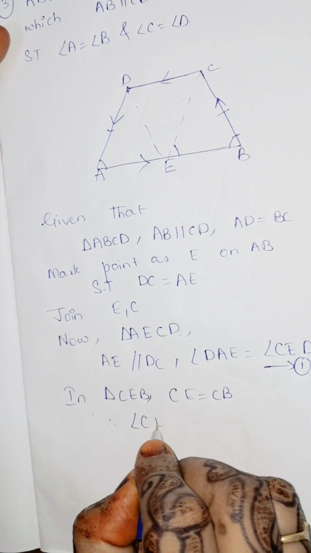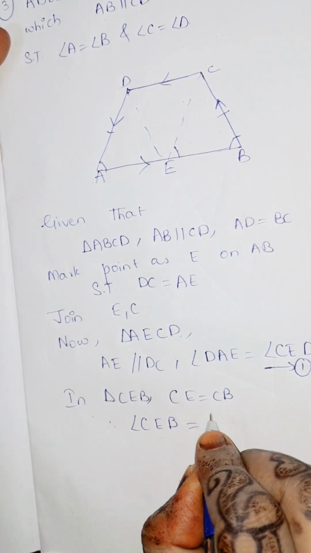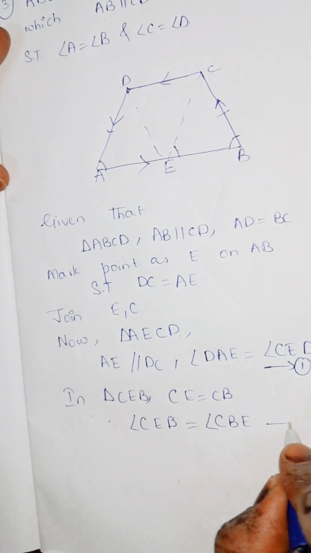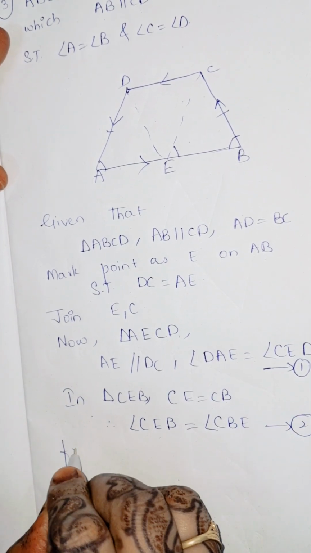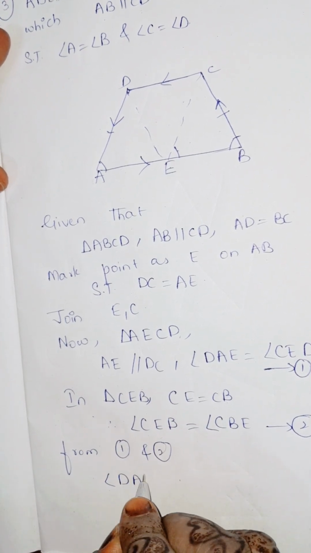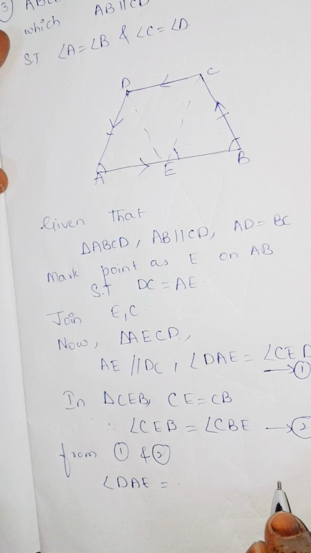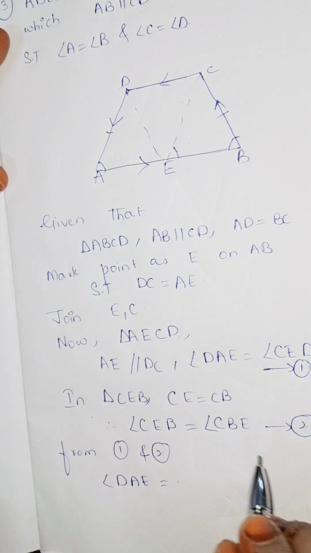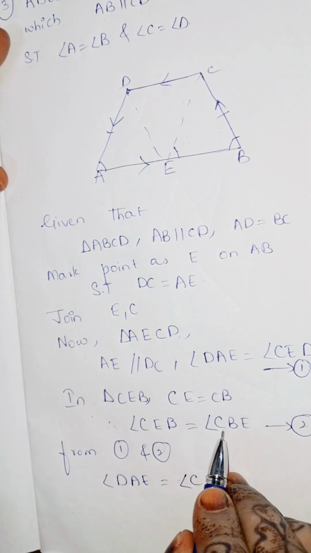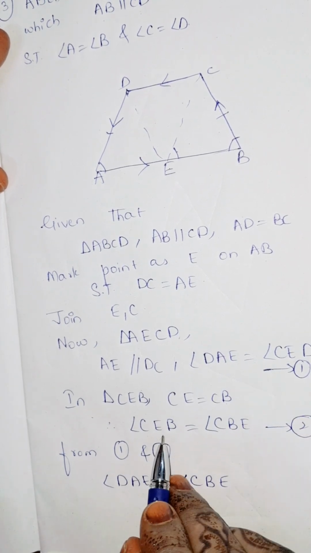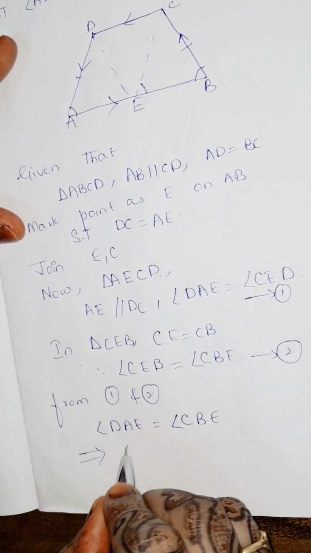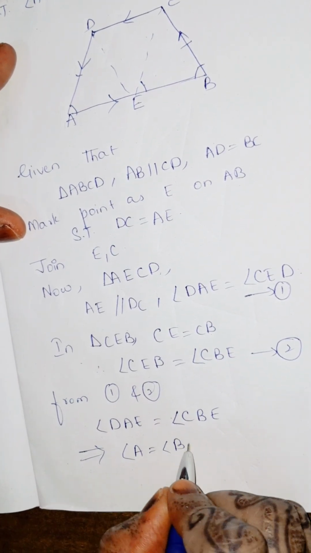Therefore, angle CEB is equal to angle CBE, because angles opposite equal sides will be equal, right? Let this be 2. Okay. From 1 and 2, angle DAE is equal to angle CBE, and therefore angle A will be equal to angle B.